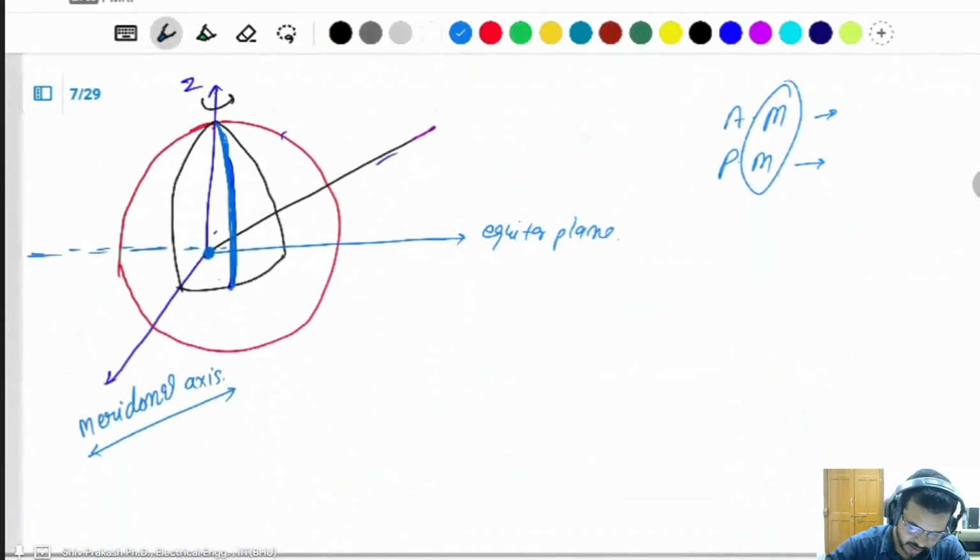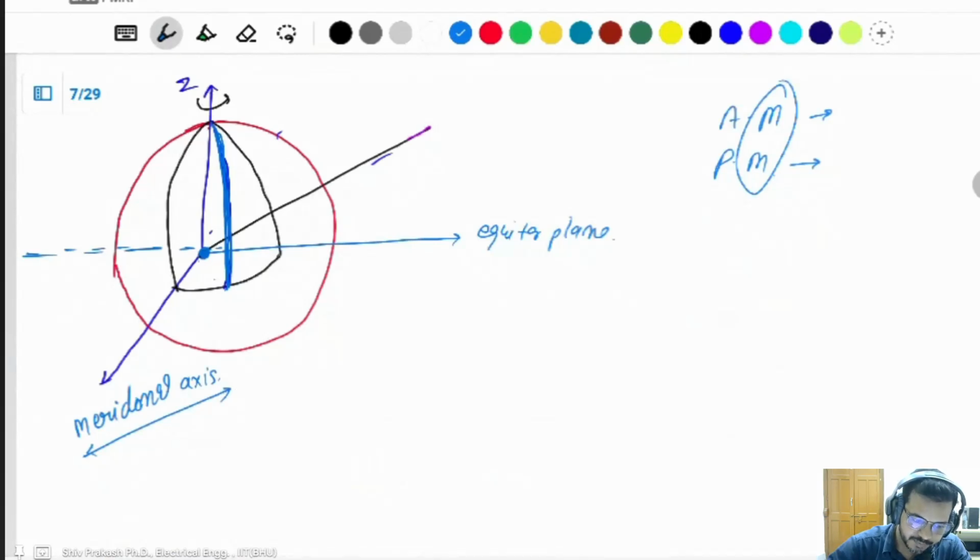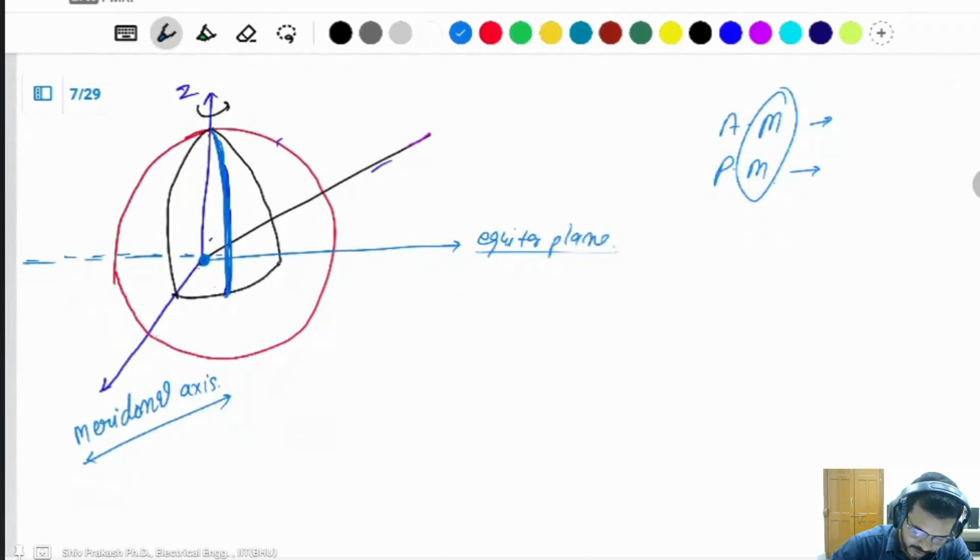This is the meridian line, the meridional axis, the total plane. Then on this line the sunlight is occurring at the same point of the equator plane. If you take this cutting of one half of the equator plane, you can understand easily.